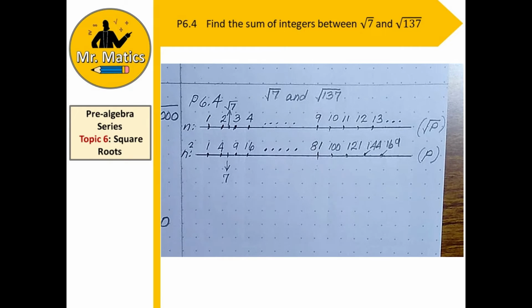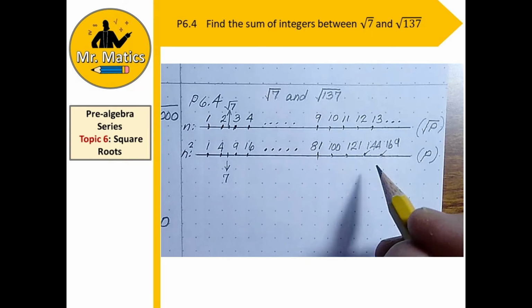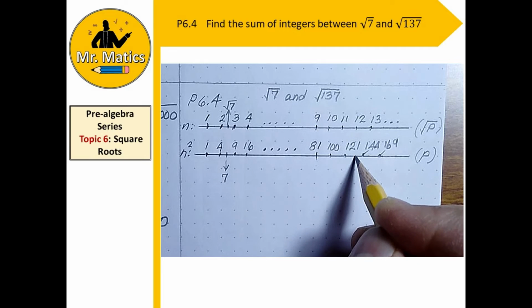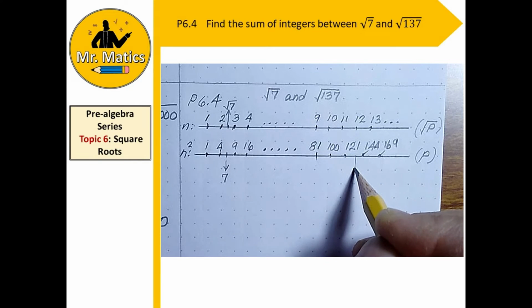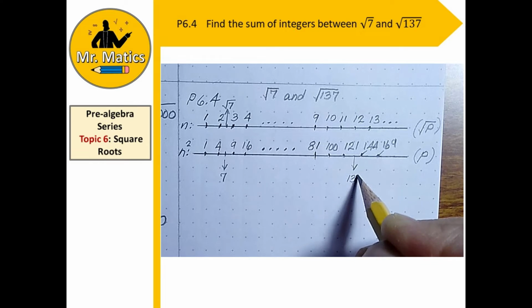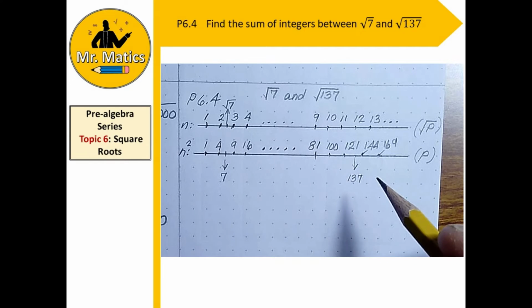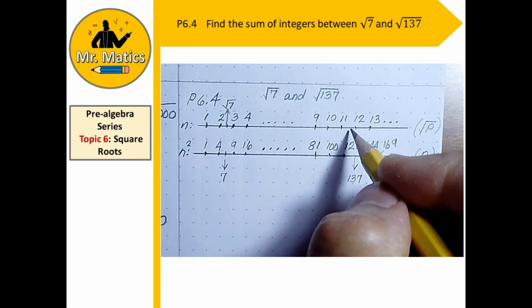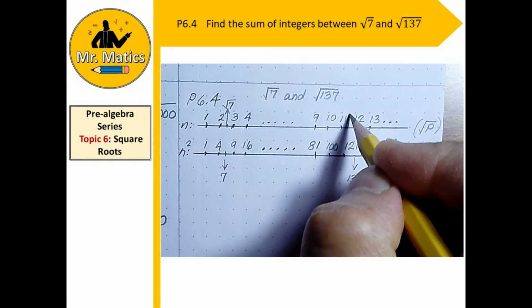Similarly, 137 is located between 121 and 144. So root of 137 is located between 11 and 12.